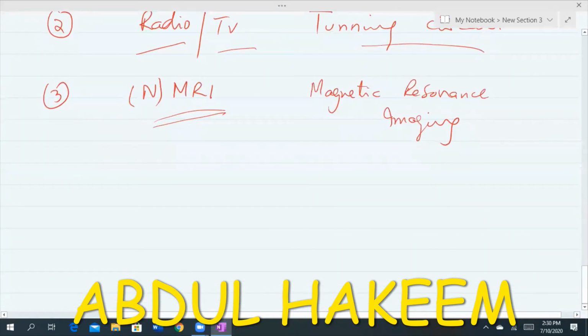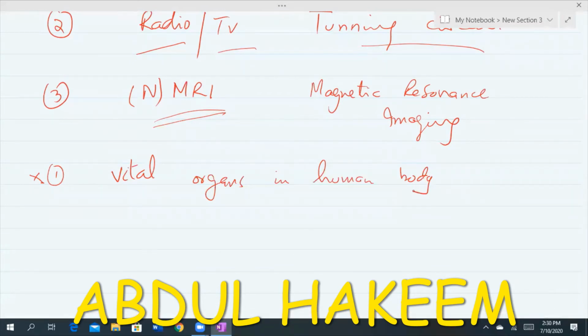But it is avoided, number one, in vital organs in the human body. Resonance is avoided. If vital body parts, vital organs, resonate with the external system, then there will be a problem.